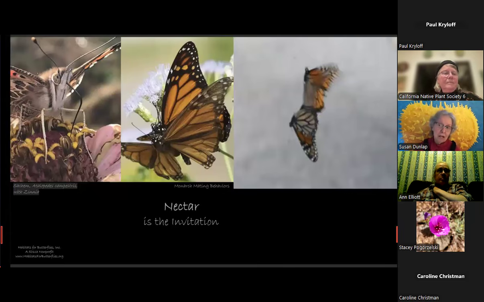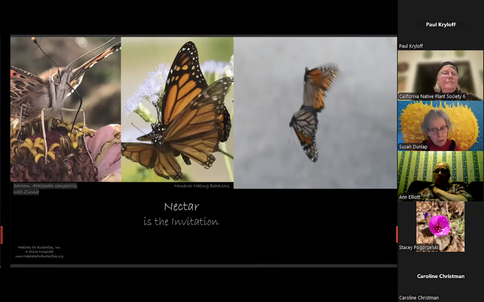The second thing to know is that nectar is the invitation. The easiest way to invite butterflies into your garden is with nectar plants. Nectar plants feed the adult butterflies. When gardeners say, I see butterflies, but they don't stay, it may be because the butterfly is not fertile, so not seeking host plants, or the butterfly is male, so not seeking a place to lay eggs, or it is simply hungry, yet still interested in continuing its migration.